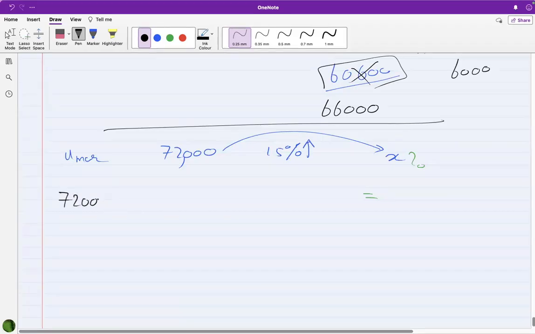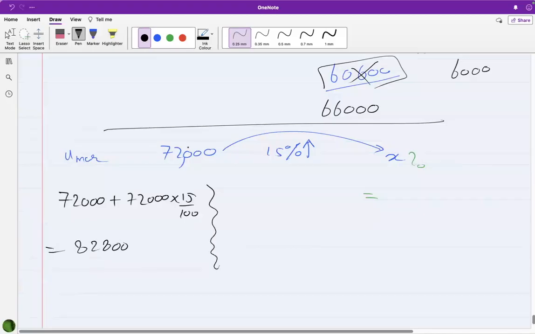I think I'm messing it up with the zeros, the place value of them. 72,000 plus 15% of it is one way, 82,800. The other way is you can write it directly: 72,000, 15% increase means 115, you get 82,800.